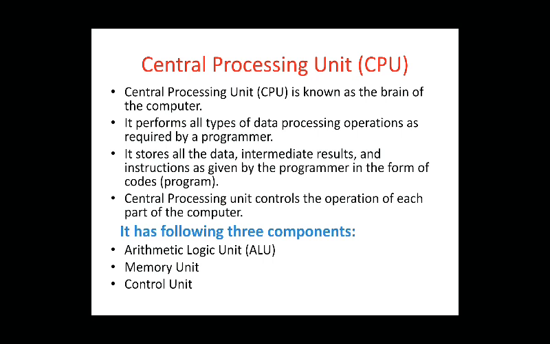So processing all the data and giving the result is the main operation of the CPU, and that operation is governed by our instructions, that is the user or programmer instructions in the form of a program. The programmer or developer will develop a program in such a way that it consists of all the instructions telling the computer what it should do when it receives any type of input.